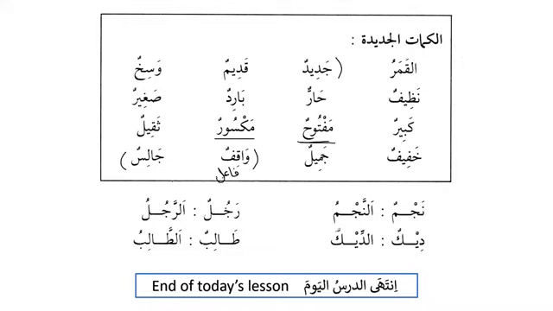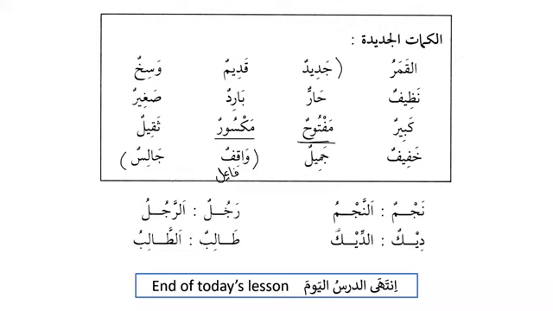The pattern we have here is fa'ilun: waqifun, jalisun. Any word that comes on this pattern, waqifun, jalisun, majidun, sajidun, shahidun, means it is the doer of the action. So these two patterns, please write them down.